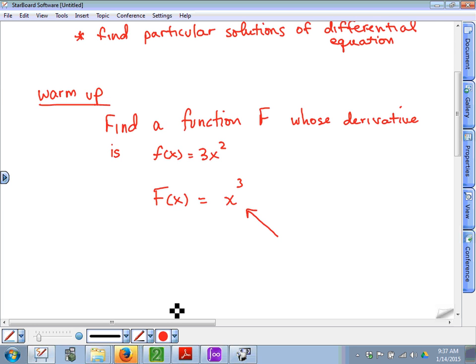This right here, that's your antiderivative. So write this down. The function capital F, make sure this is a capital F, is the antiderivative, is what it's called, of lowercase f.